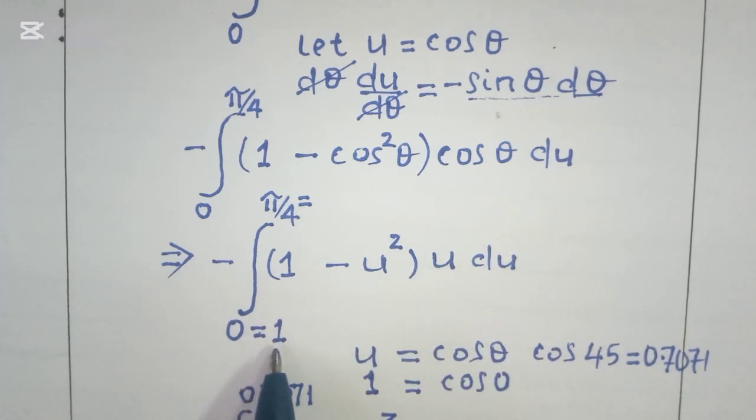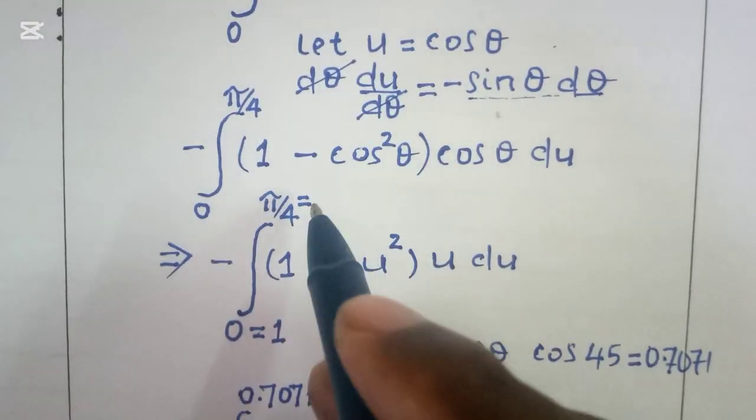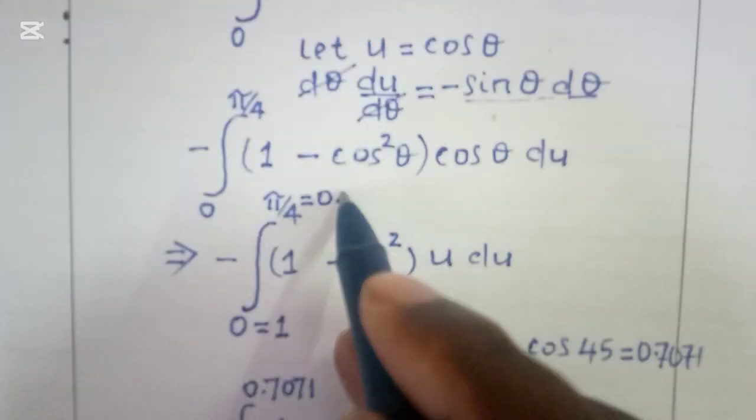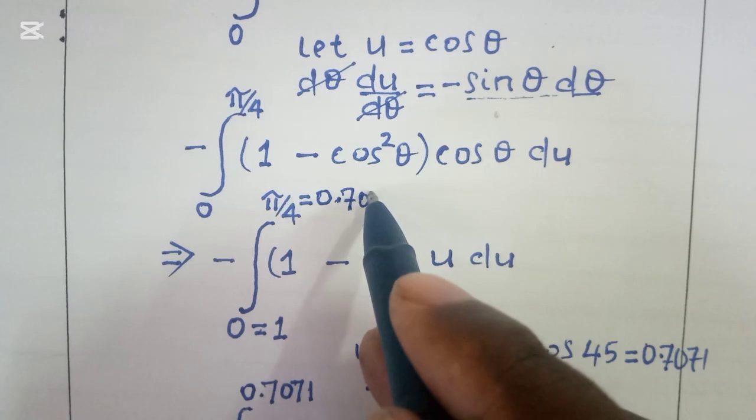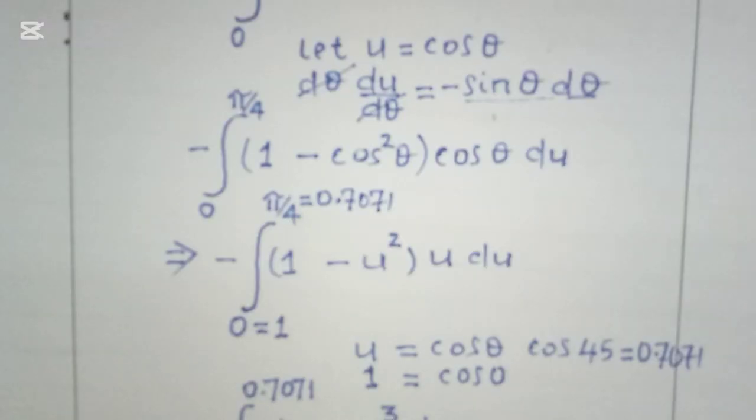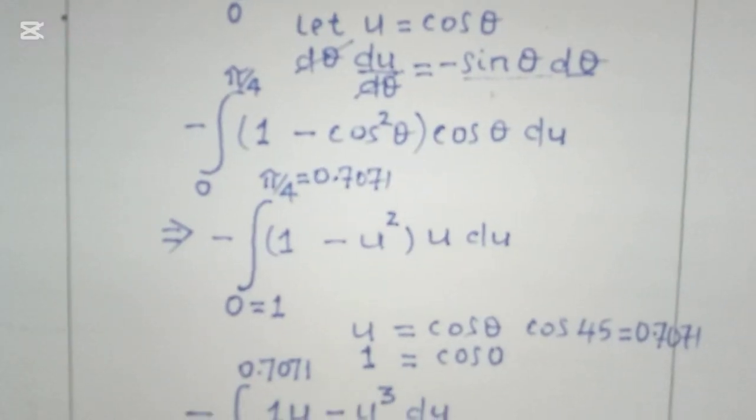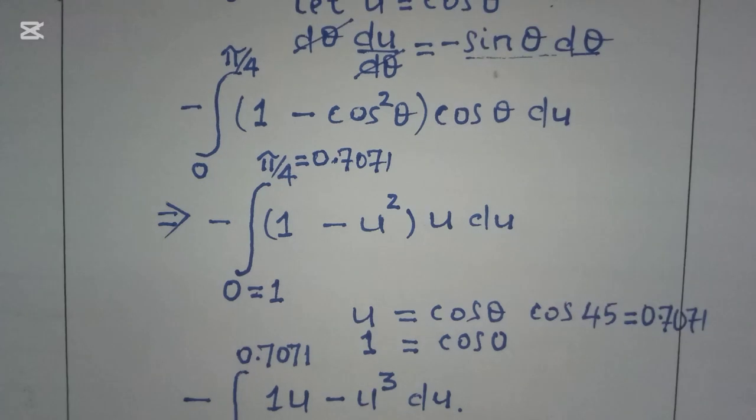The lower limit is 1, and the upper limit here was 0.7071, like that. So guys, that's how we do that question.